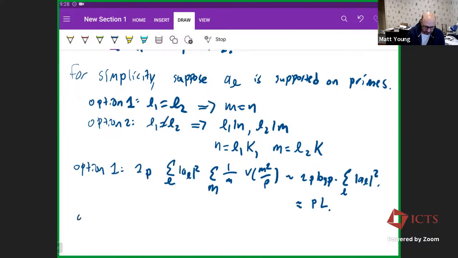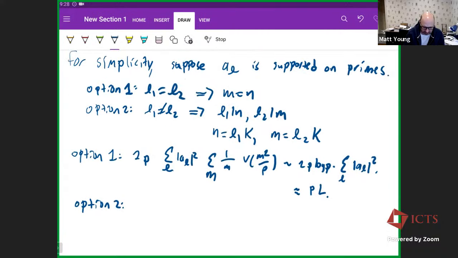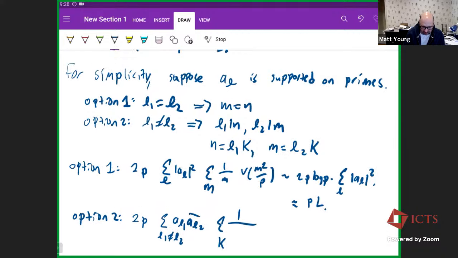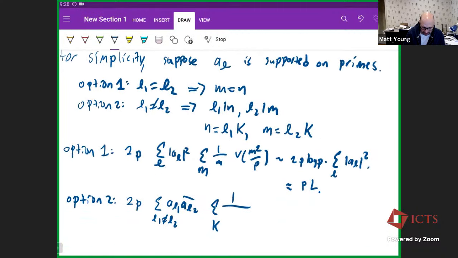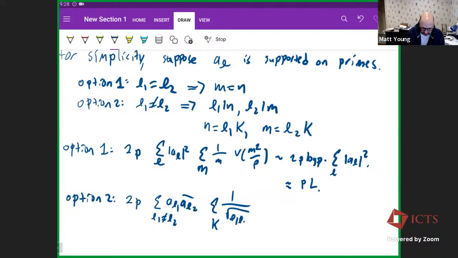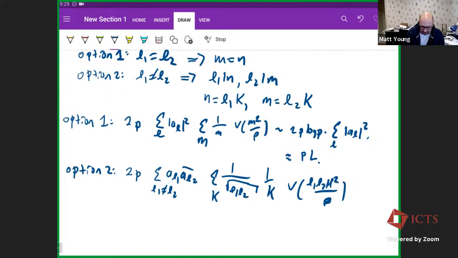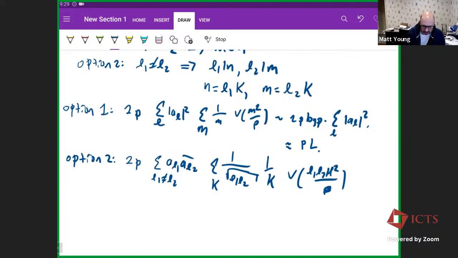But the option 2 terms are also pretty similar. They're actually slightly smaller, but whatever. From option 2, we'll get 2 times P, a sum over L1 not equal to L2 of a sub L1, a sub L2, and then a sum over K of 1 over K times square root of L1 L2, V of L1 L2 K squared over P. The sum over K, just think of that as another log.